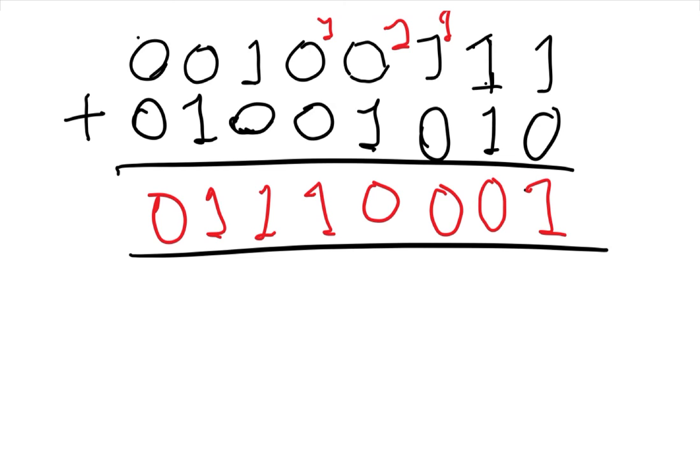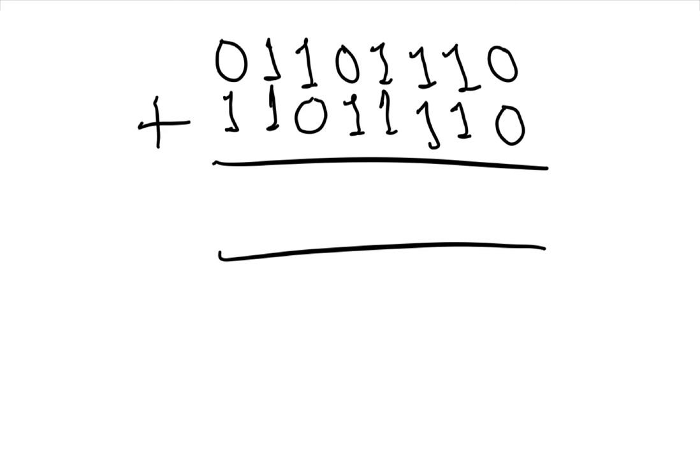Now let's talk about the overflow error. Now let's consider this example. We are going to add 0, 1, 1, 0, 1, 1, 1, 0 and 1, 1, 0, 1, 1, 1, 1, 0.